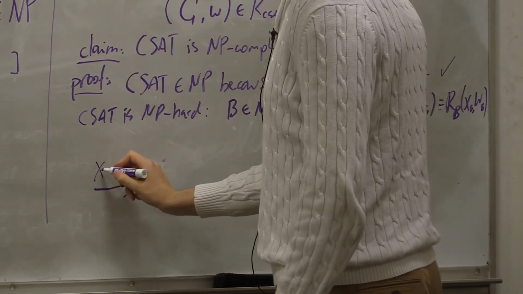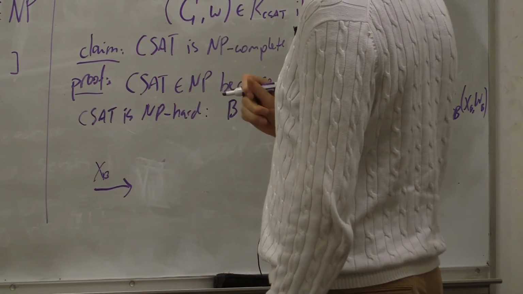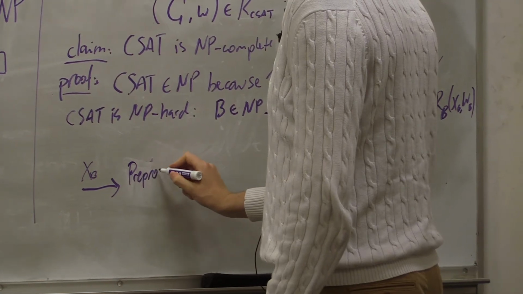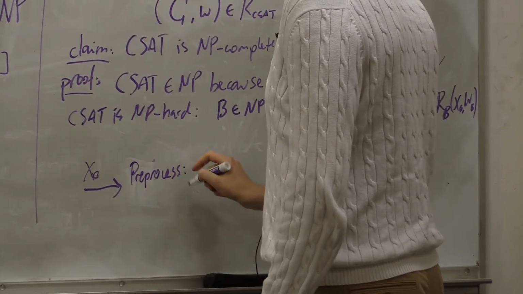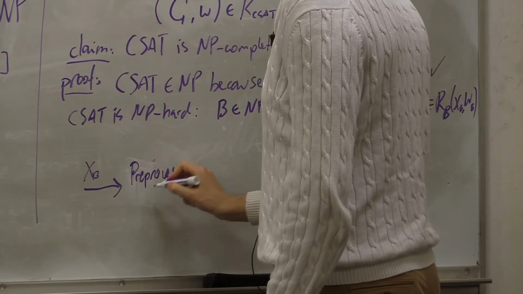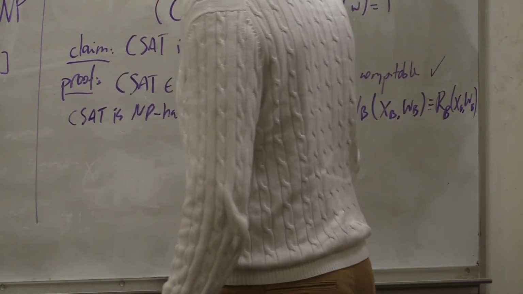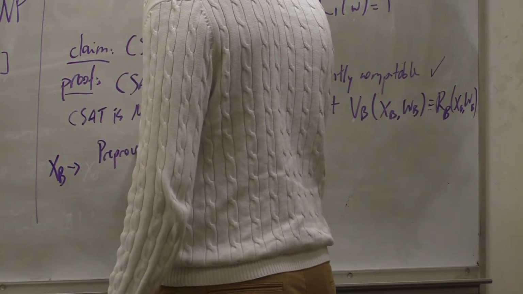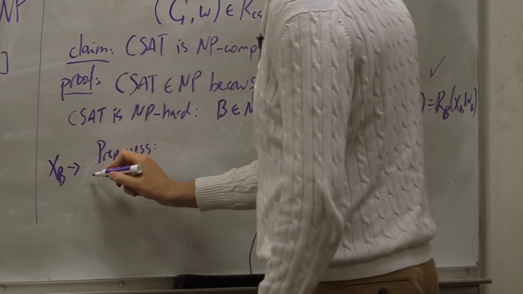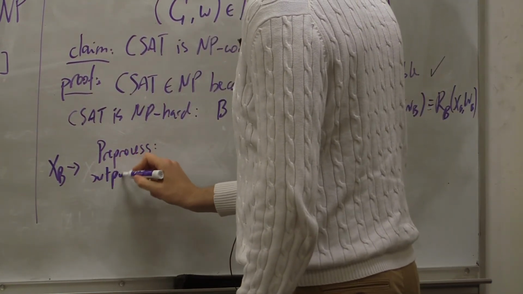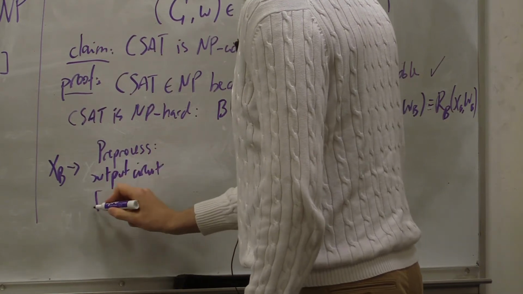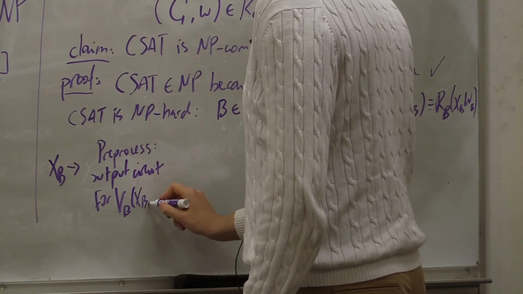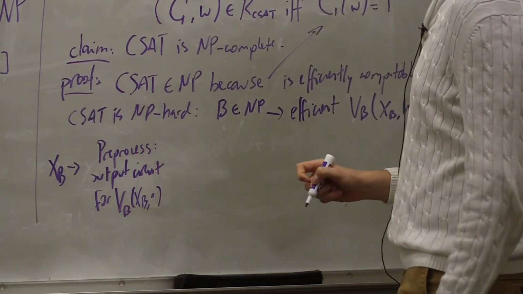Well, I get my instance of B, and I need to decide whether there is a witness for this instance of B. In my preprocessing algorithm for the reduction, I'm going to output the circuit for the computation V sub B, X sub B, and I leave this input unbound, right?